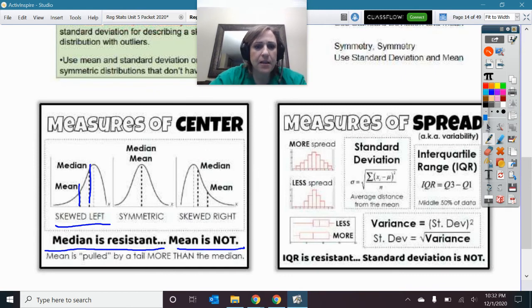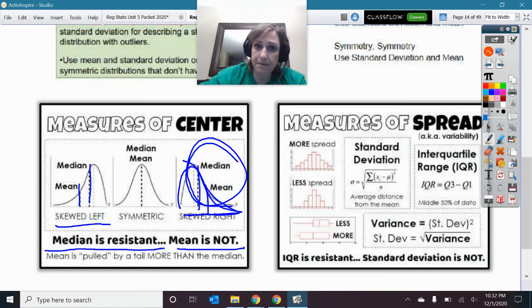So you need to know how they are affected. What is this shape doing? How does this shape affect the relationship between the mean and the median? So let's take a look.